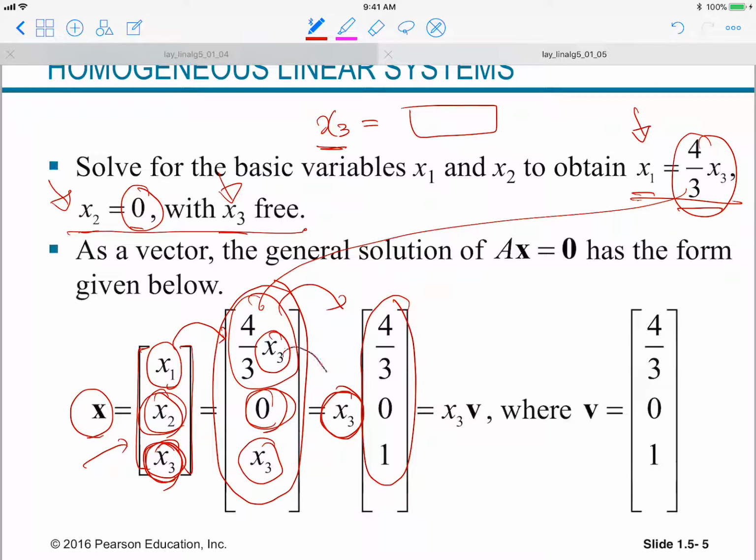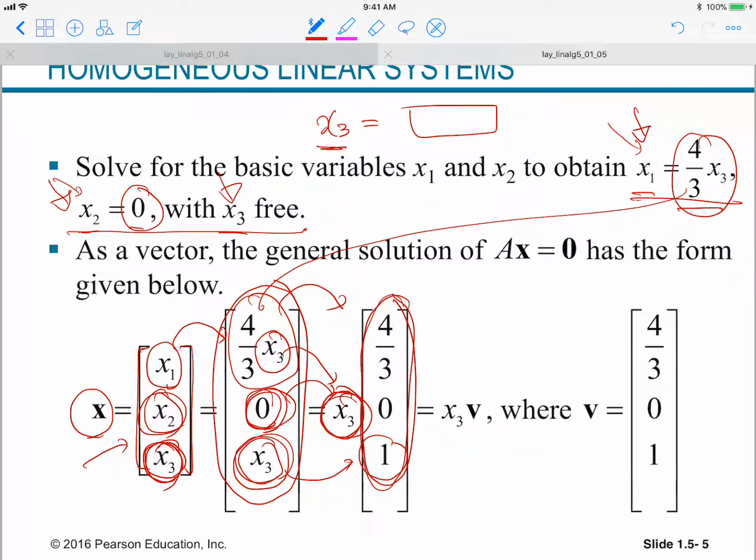So we factored it out, and then 0 can be factored into x3 times 0. And what about x3? It will be just factored out into x3 times 1.